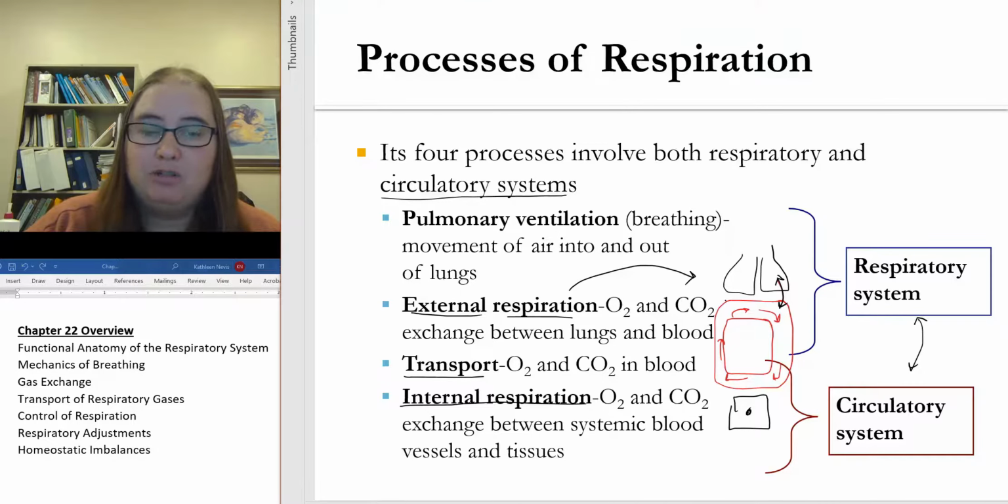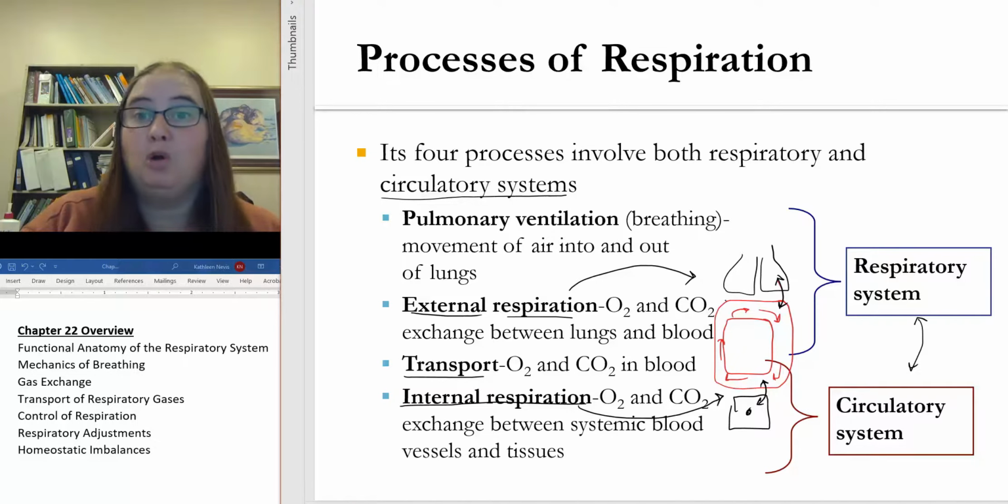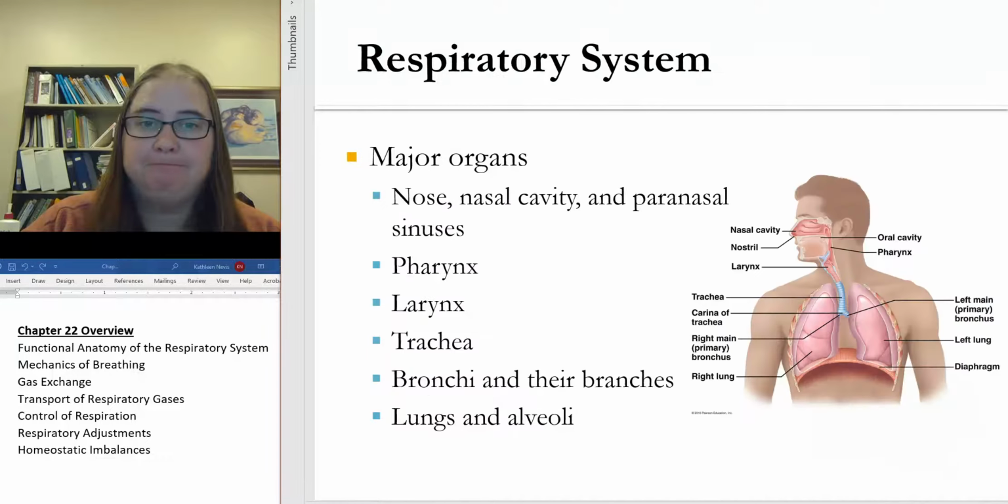Internal respiration is the exchange of oxygen and CO2 at our blood tissue exchange site. So external is from lungs to blood. Internal is from tissue to blood. When we talk about internal respiration, this is the site that we're talking about. Again, you can't have respiration as a whole without having both of these systems at play.